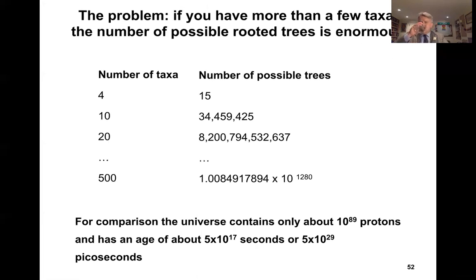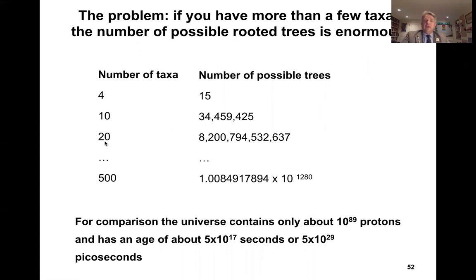If you look at the number of branching phylogenies that are rooted, as you increase the number of taxa in your analysis, it gets enormous. Even if we jump from 4 species to 10 species, we would have to evaluate 34.5 million different phylogenetic trees in an exhaustive search.